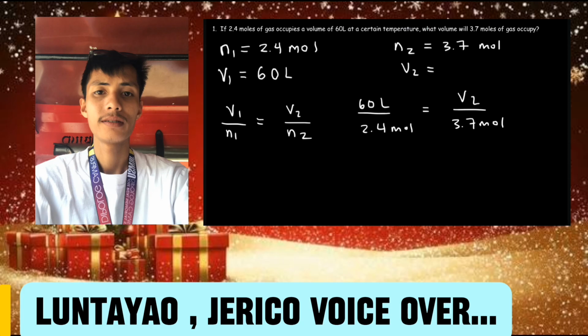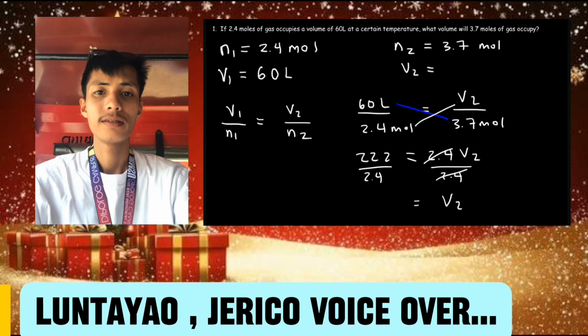So what we need to do is cross multiply. So let's multiply 60 by 3.7. So that's going to be 222. And that's equal to 2.4 times V2. So now we've got to divide both sides by 2.4.